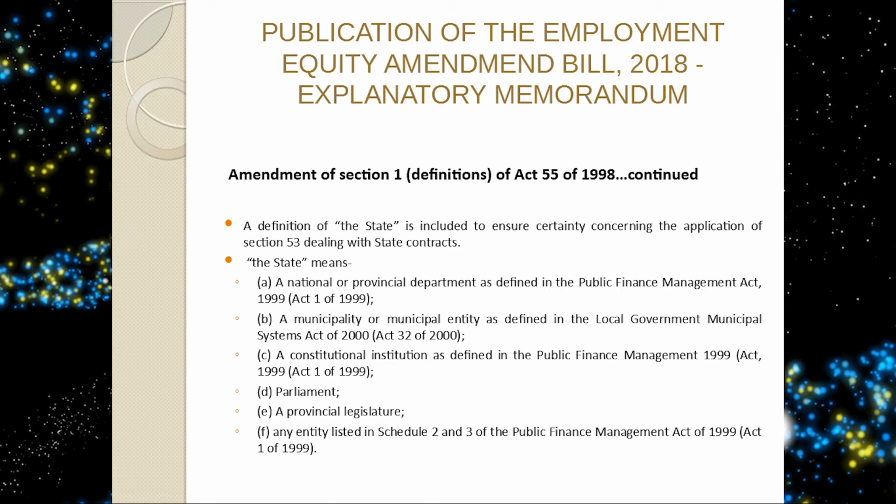It will also include municipalities or municipal entities as defined in the Local Government Municipal Systems Act, a constitutional institution as defined in the PFMA, being Parliament or a provincial legislature, and any entity listed in Schedule 2 and 3 of the Public Finance Management Act. That definition will be introduced. Voluntary compliance will fall away.